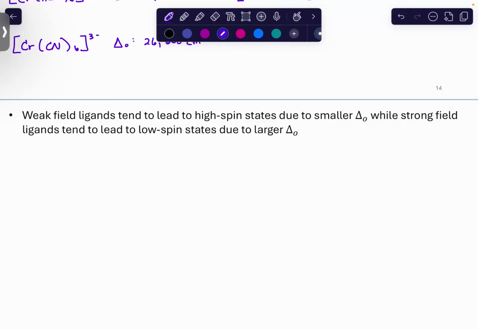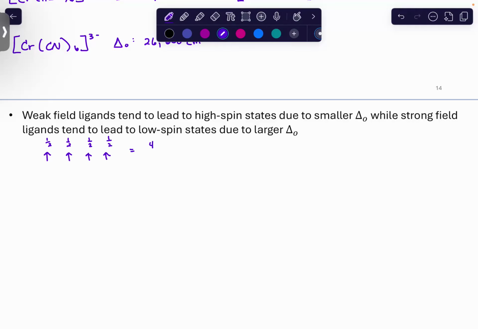High spin would be maximizing that. So imagine I had 4 electrons, and I put them like this: 1/2, 1/2, 1/2, 1/2.